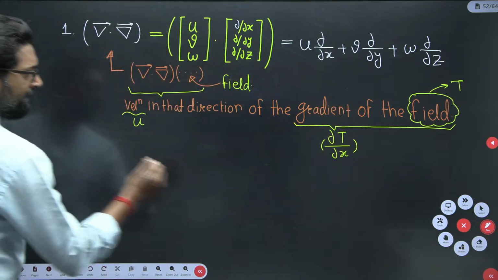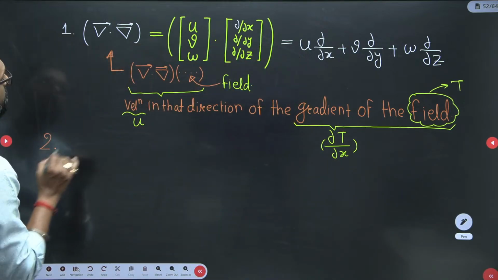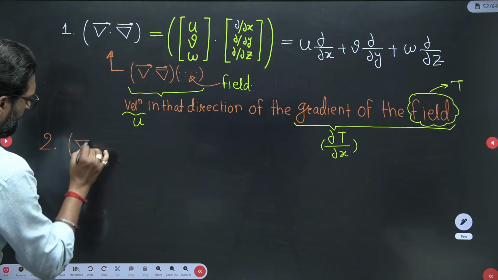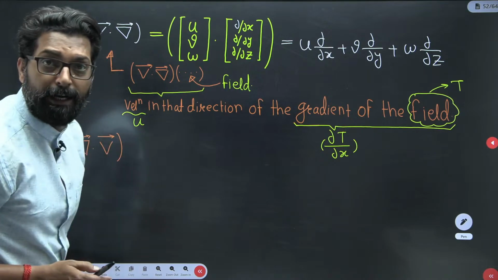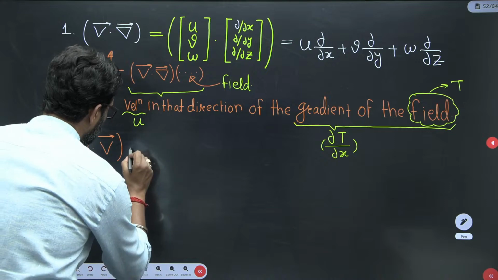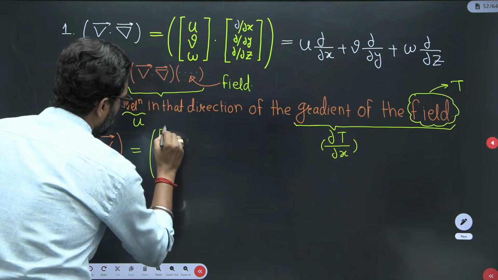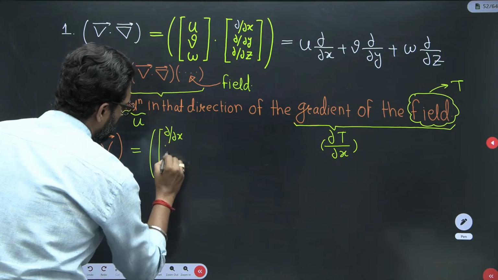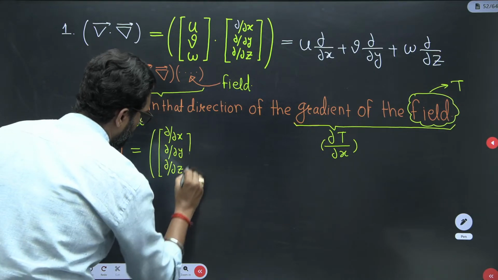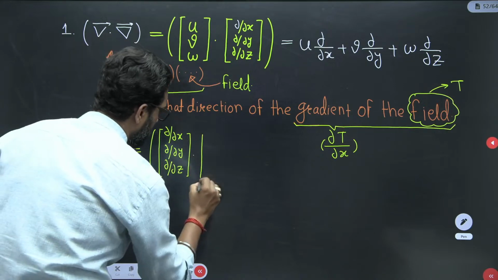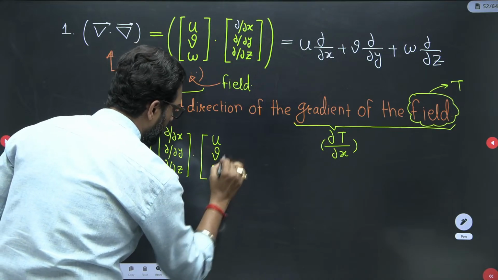Now the second one, point number two. Del dot v. What is this one? Del dot v, you have to write like that: del, that means dou by dou x, dou by dou y, dou by dou z, dot, what is the velocity? u, v and omega.